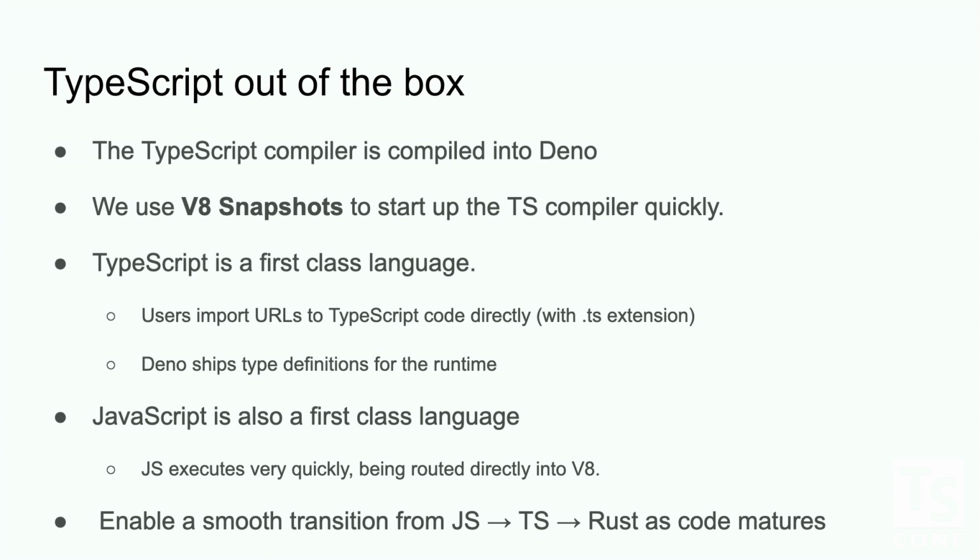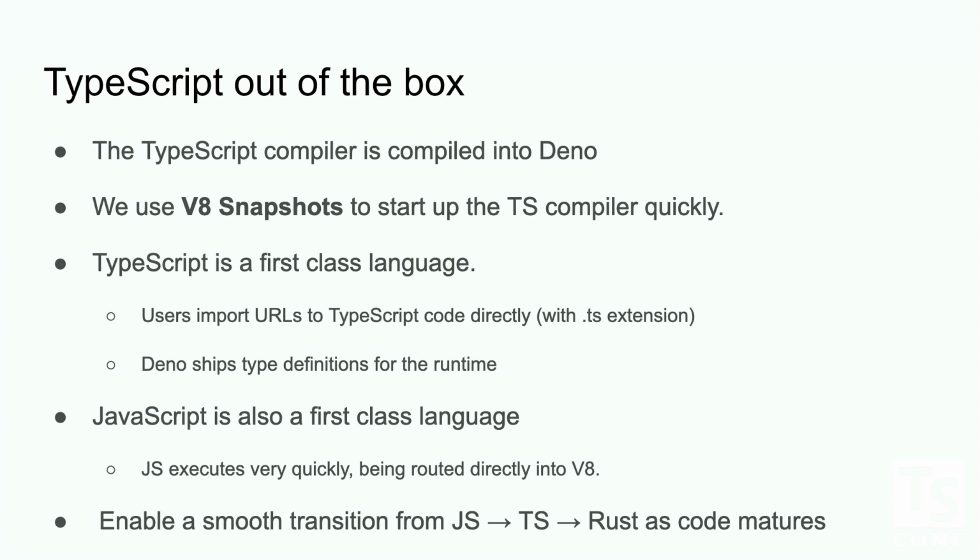But yeah, so anyway, TypeScript is kind of this first-class language. And of course, JavaScript is also a first-class language. And when you run JavaScript code, we bypass the TypeScript compiler completely and route it directly into V8.